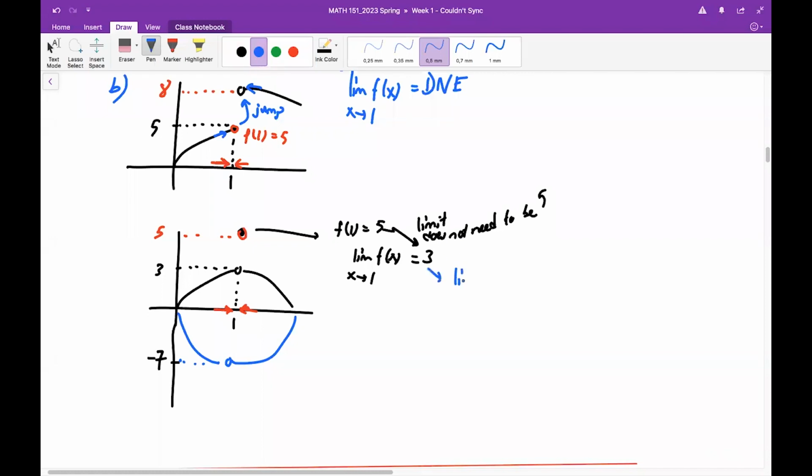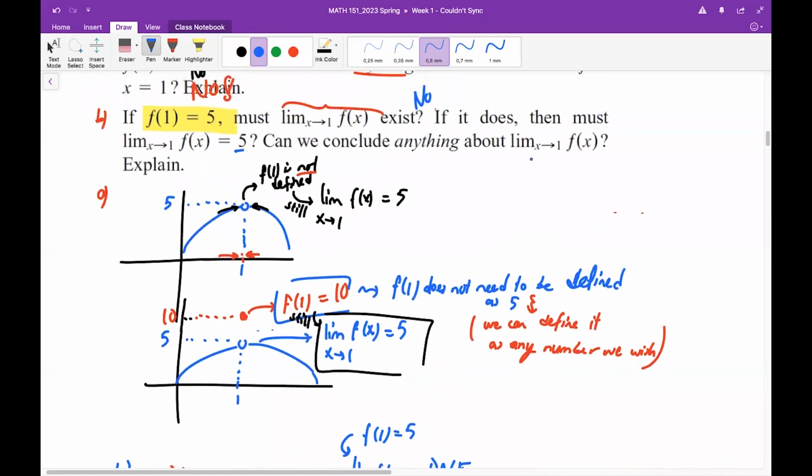Okay, so the limit can be forced to be any real number. That's why we cannot conclude anything about the limit. There is also a big no here.